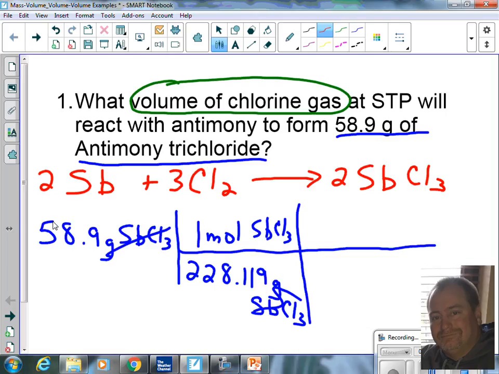I need to go then to my molar ratio. I want moles of antimony trichloride to cancel, so I go 2 mole SbCl3. And I'm trying to find chlorine gas, so I have 3 mole of chlorine gas.